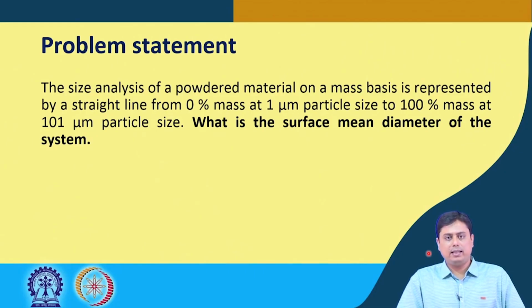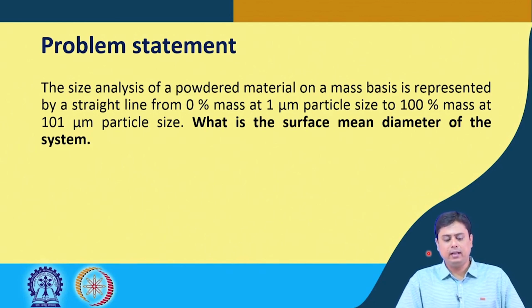It says that the size analysis of a powdery sample on a mass basis gives a linear distribution from 0% mass fraction to 100% mass fraction, from size 1 micron to 101 micron. So the question is, what is the single number by which we can represent the sample, and that single number you have to determine based on the surface mean diameter of the system.